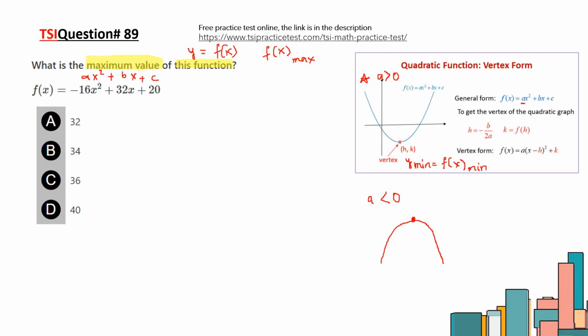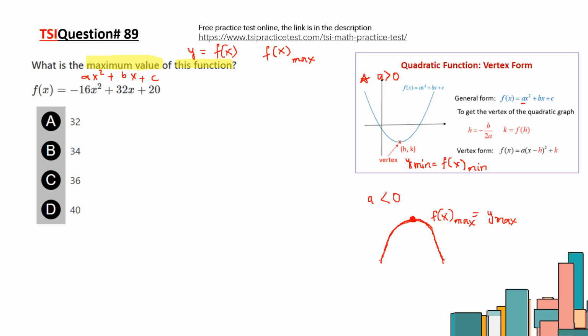And then the highest point is called the vertex as well. It has the same formula just like above, but this one now represents the f of x maximum, the highest point compared to the entire graph of f of x. See that? That is like the top, the vertex. So this one is also the y max.